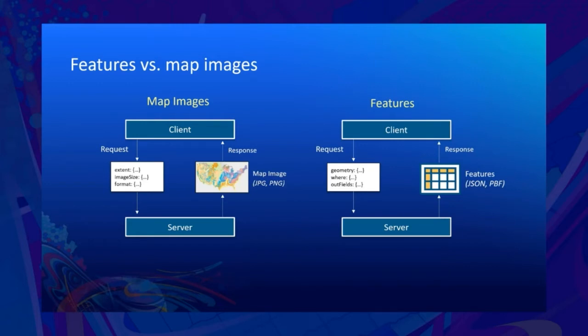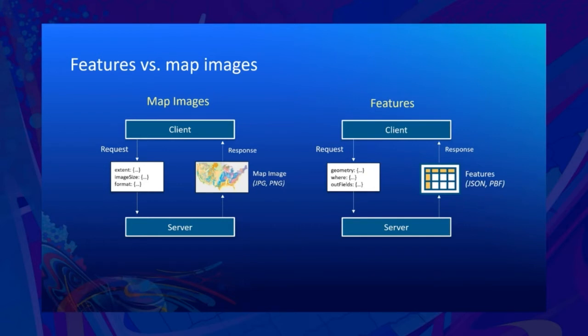The alternative to a map image is for the client to actually say, well, within this area, give me all of the features, all of the individual records at a certain location that maybe meets a certain set of requirements. You can specify a where clause, similar to doing a query against a SQL database, and specify which fields, just like with a SQL query against a database, you can specify that you only want some of the information that might be available for each record back.